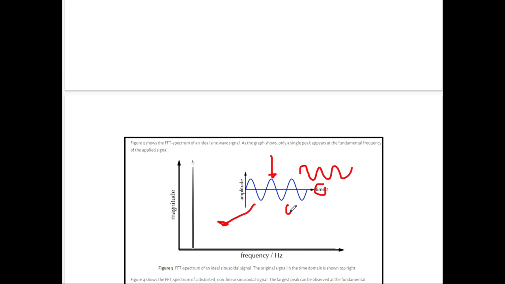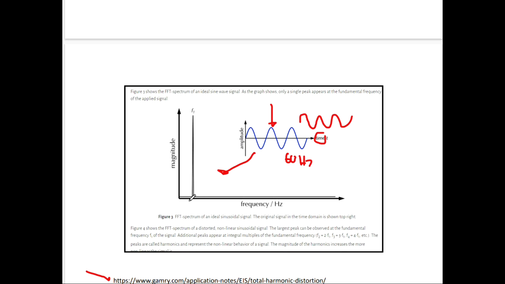Let's just say this is 60 hertz, like our power coming out of our wall. If we look at it in the frequency domain, well, we only have one component. It's the 60 hertz frequency. That's it. It's perfect. There are no other components to this sine wave. There are no harmonics.